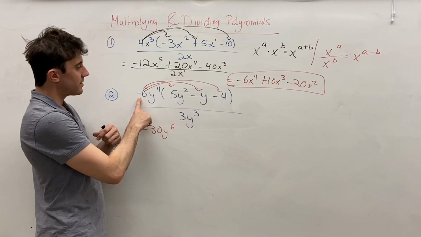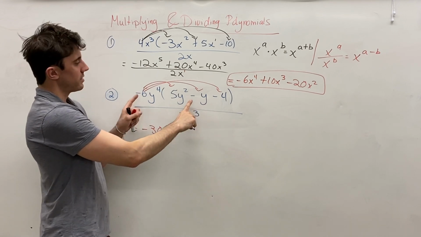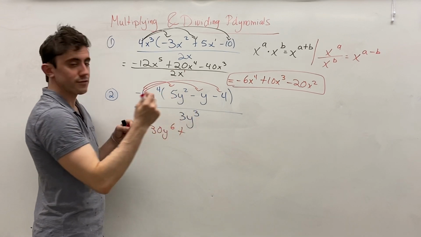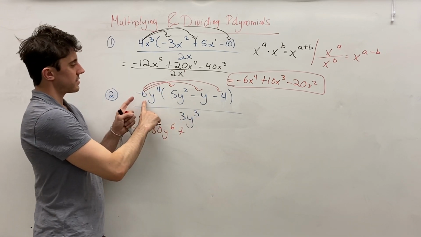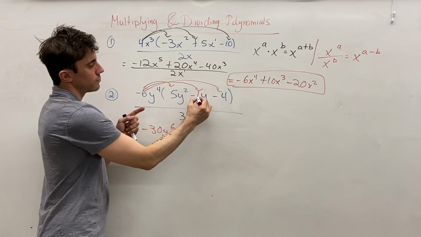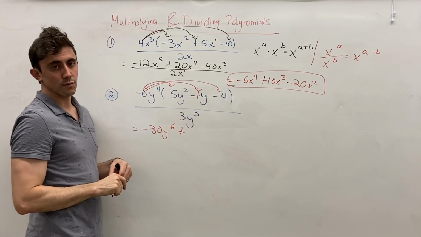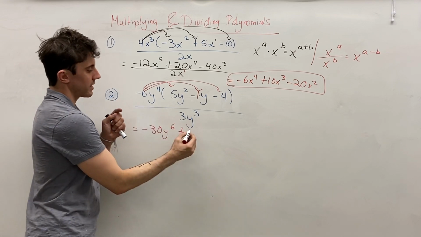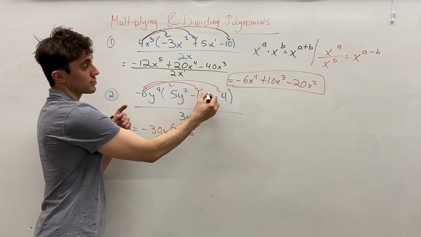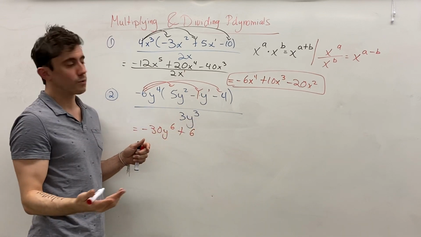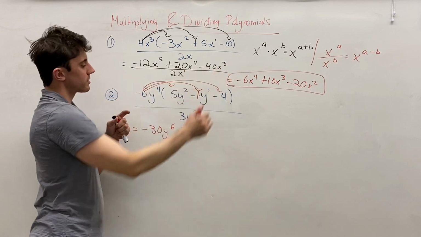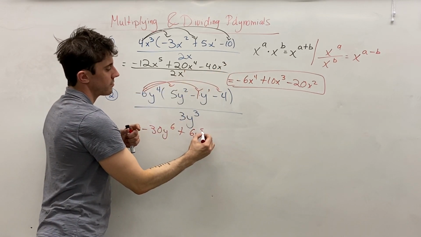Next, we have negative 6 times negative y. A negative times a negative, let's not forget, produces a positive product. And 6 times, there's no coefficient in front of the y, so we imply that there's a 1 there. And so we'll simply have 6. And so y to the 4th times y, again, there's no exponent, so it's implied that there's a 1. 4 plus 1, adding the exponents together, produces a y to the 5.